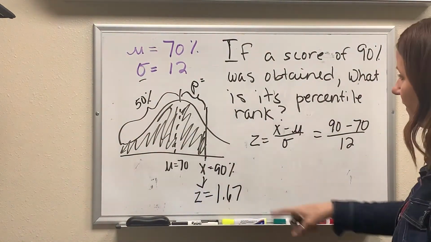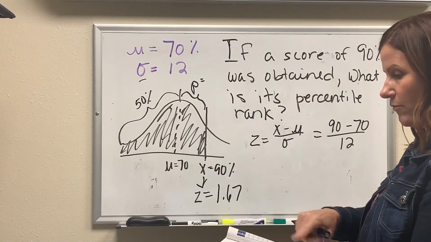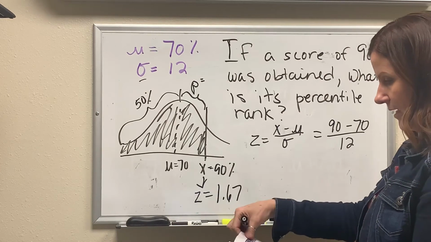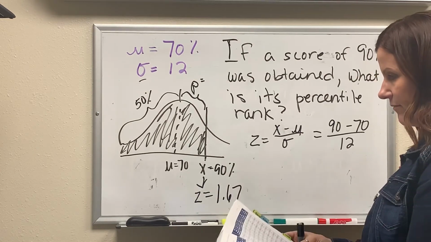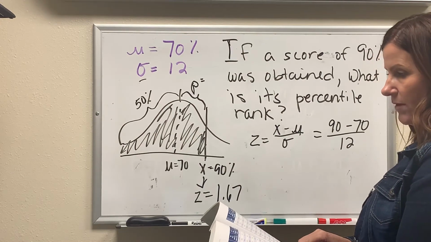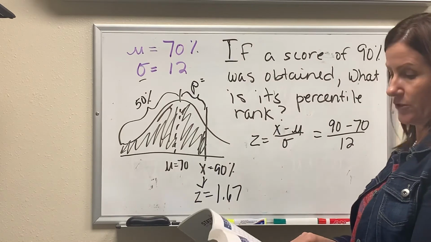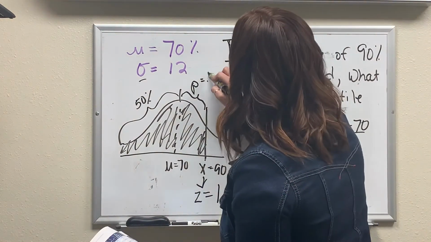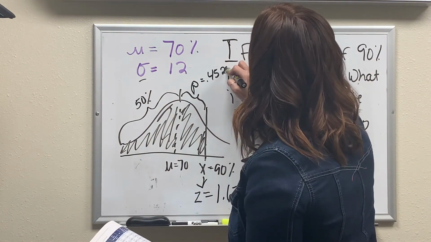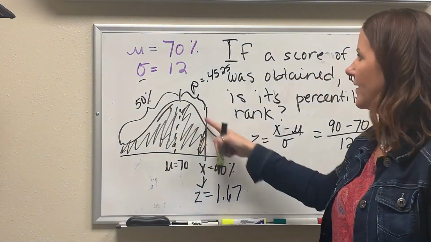But first we need to find the z-score in our column A. So find 1.67, and that should be on page 527. And we're going to look up column B. You should be finding 0.4525. So this is 0.4525. Okay? That's just that area right there.